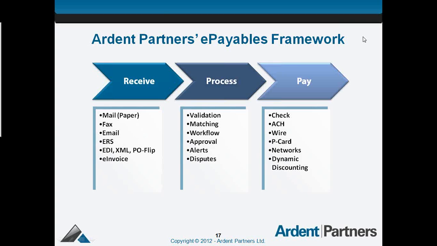And we consider the AP process to consist of three major phases: receive, process, and pay. That really covers all of the processes within AP, from the receipt of an invoice, whether it's in paper format or e-invoice or EDI, all the way to the validation, matching, and approval of it, and then through to the scheduling and the execution of the payment.